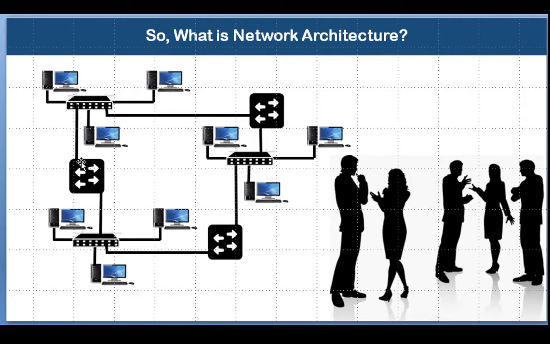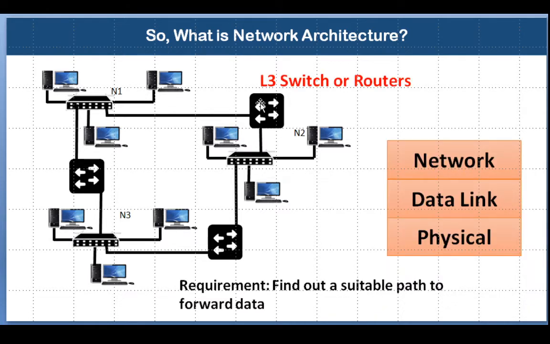These two switches are connected to each other via a router. So when we are connecting more networks, we are adding one more layer, and that layer is the network layer. What is the requirement of the network layer? That additional device is basically a router, and the work of the router is to find a suitable path to forward the data from one network to another network.